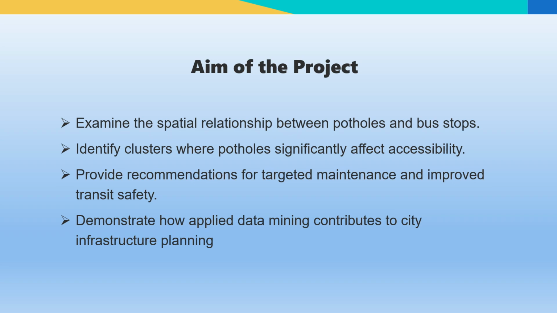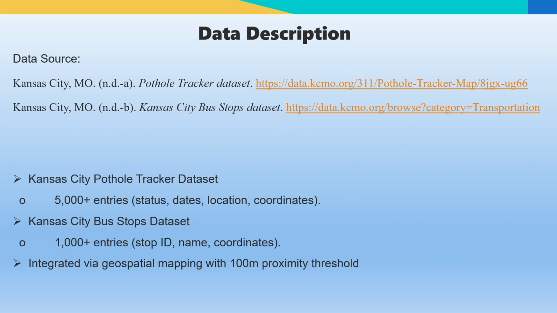Now let's move to the data description. So with the data description, the first data set, the Kansas City pothole tracker, includes over 5,000 records of reported potholes with details like resolution status, open and close dates, and geographic coordinates.